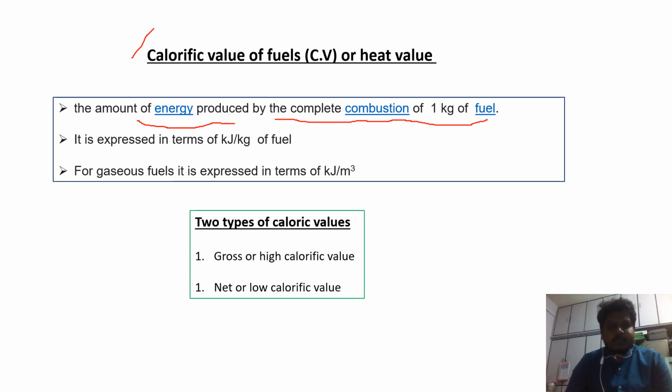Generally, it is expressed in terms of kilojoules per kg for solid and liquid fuels, and for gaseous fuels, it is expressed in terms of kilojoules per meter cube.